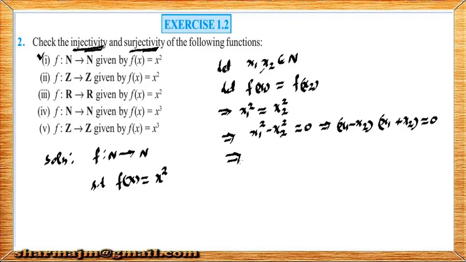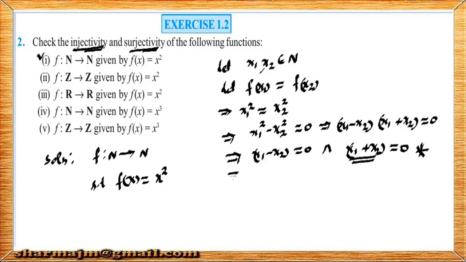Now x1 and x2 are two natural numbers, which implies x1 minus x2 is equal to 0 or x1 plus x2 is equal to 0. Now x1 plus x2 cannot be equal to 0 because x1 and x2 are natural numbers, so their sum cannot be 0.